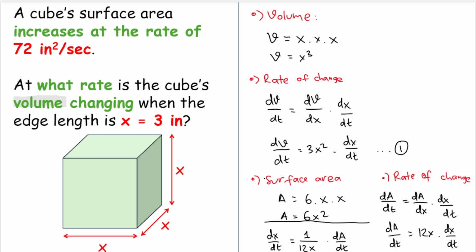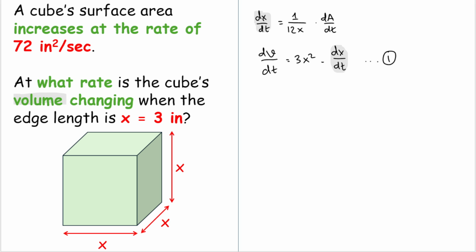Okay, and we can substitute this dx/dt into equation number 1 here. Okay, let's exactly do that. Now substitute that into this one, so this dx/dt into this one here, and we will have dV/dt equal to 3x squared, but dx/dt here is 1 over 12x multiplied by dA/dt.